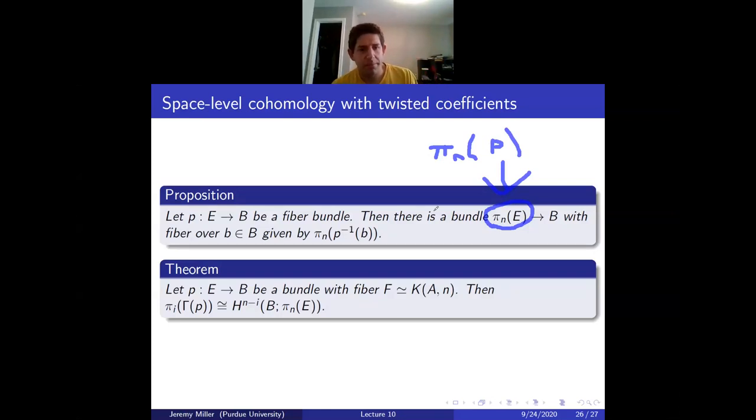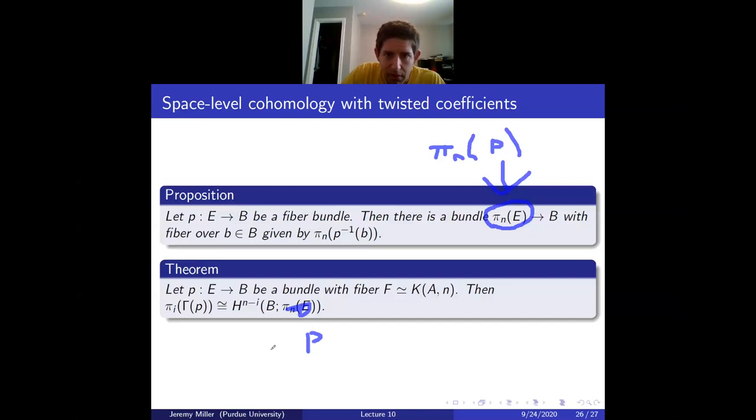And so the analogous theorem to saying the homotopy groups of mapping spaces into Eilenberg-MacLane spaces are cohomology is saying that if you have a bundle whose fibers are all Eilenberg-MacLane spaces, then the homotopy groups of the section space is the cohomology, but now with twisted coefficients.